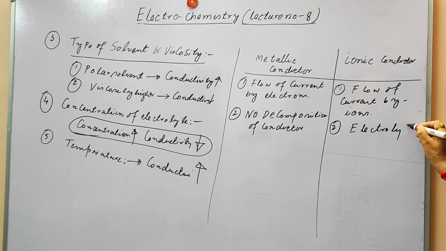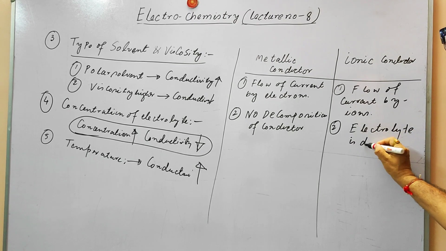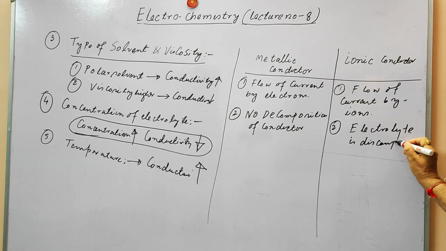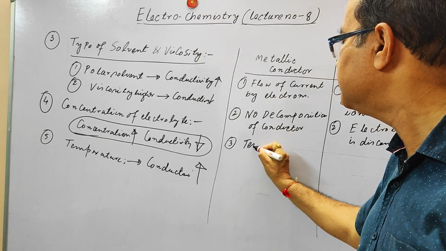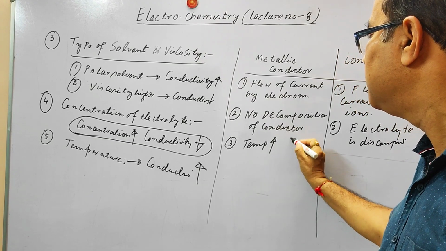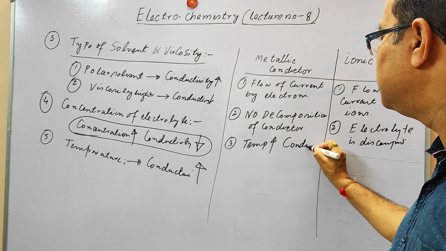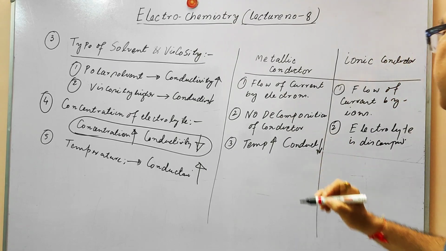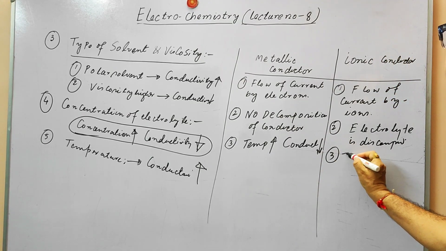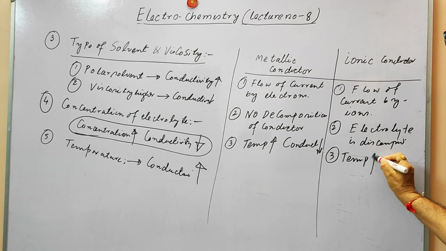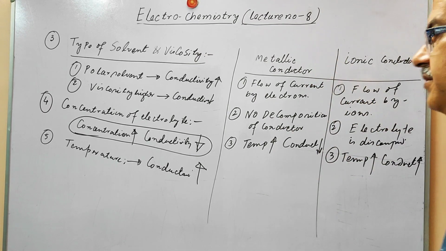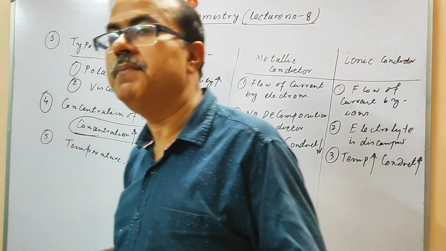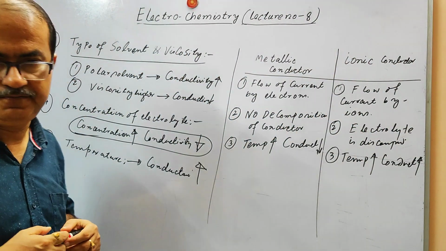And the third one: in a metallic conductor, temperature increase means conductivity decreases. Here, third point, temperature increases, conductivity increases. So these are 3 points which differentiate between the metallic conductors and the ionic conductors.